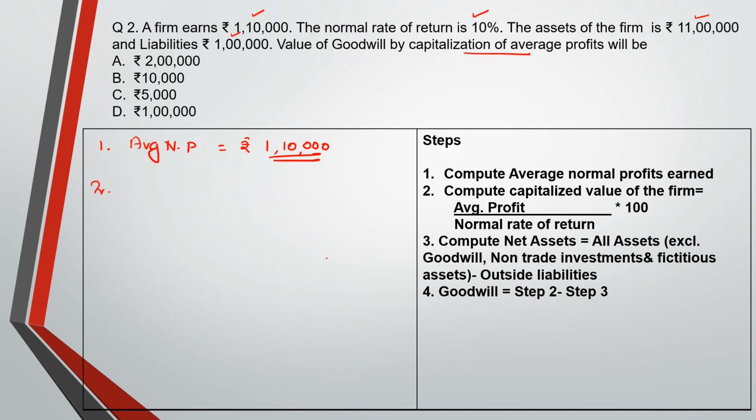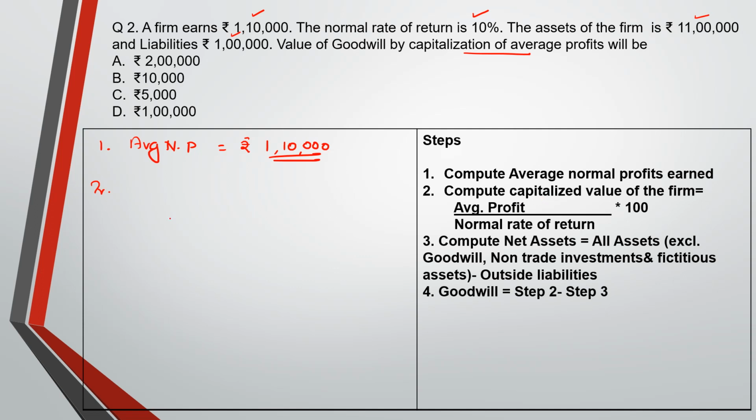Clear? Moving on. Second step, we have to compute the capitalized value of the firm. The formula for calculating the capitalized value of the firm is you take the average profit divided by normal rate of return into 100. So what we're trying to do is, for earning this profit at this particular normal rate of return, what should be the capitalization of the firm that we are trying to estimate.